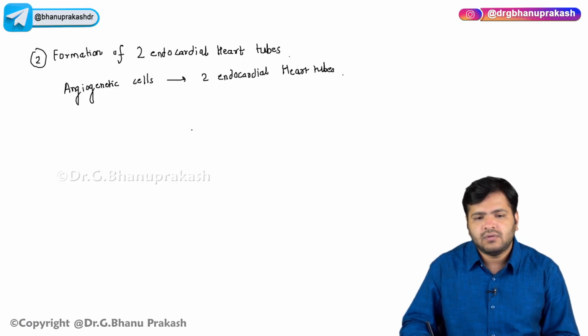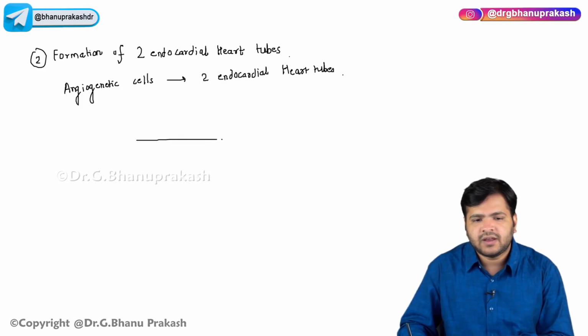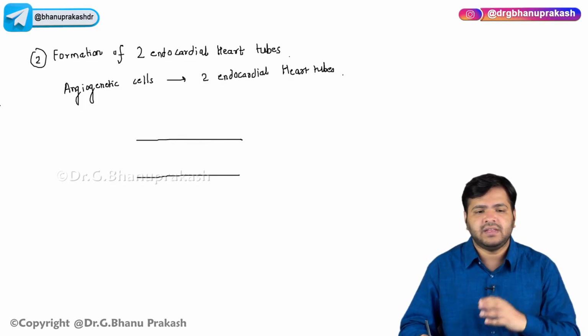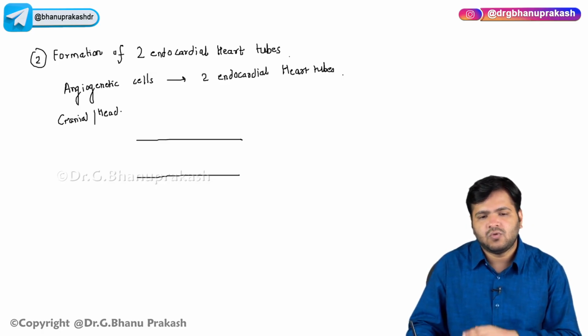So you already know, let us suppose this is the ectoderm and this is the endoderm. I'm just taking the cranial part over here, the cranial or the head part, towards the head.